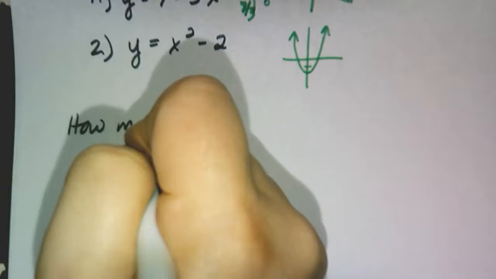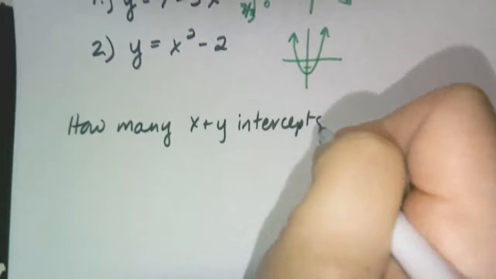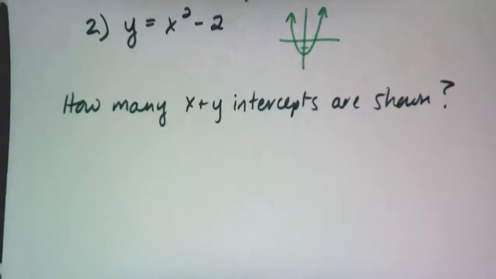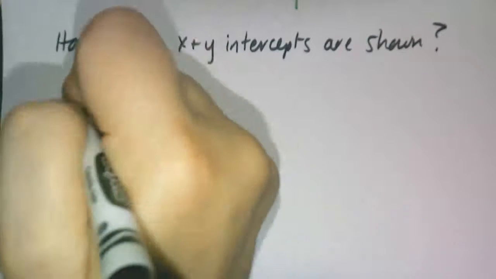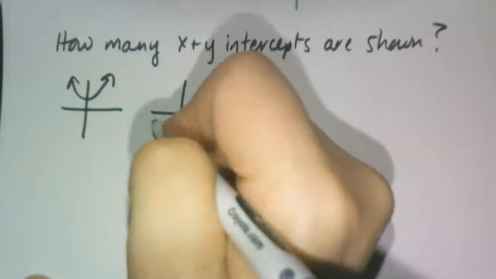All right. The next question in your homework will be, how many x and y intercepts are there? Very easy. So I'm just going to give you a bunch of graphs right now.